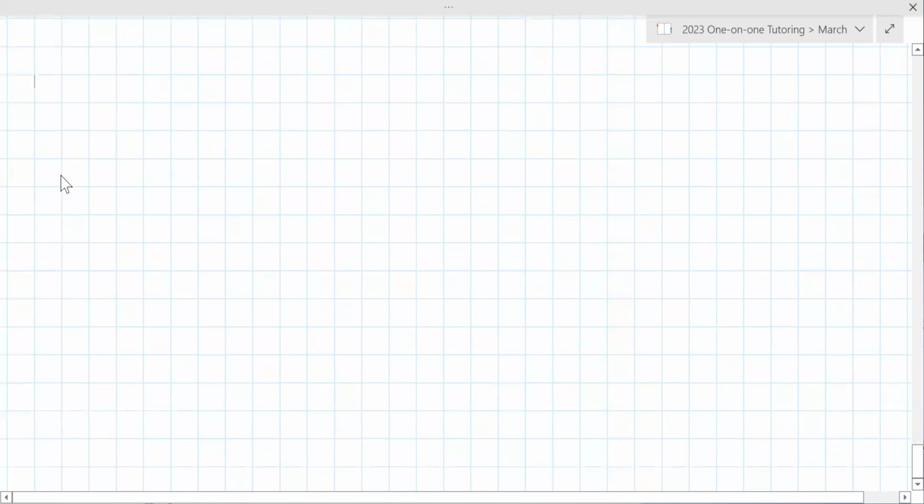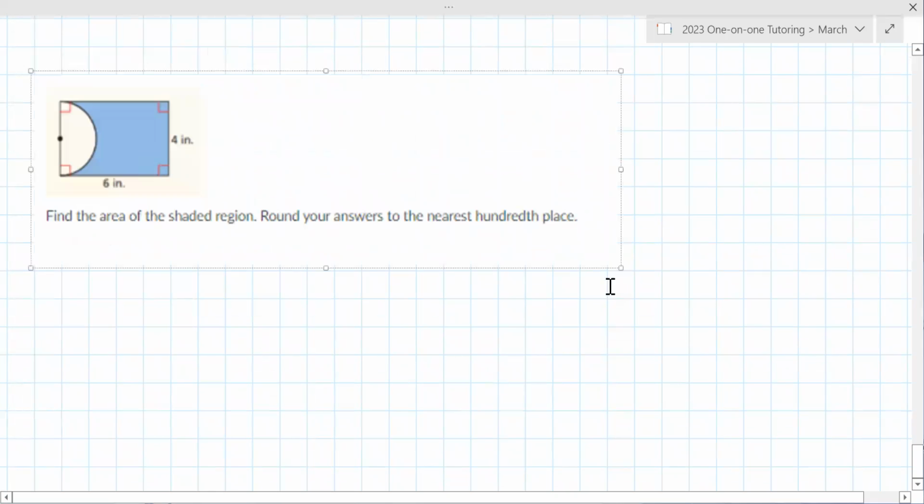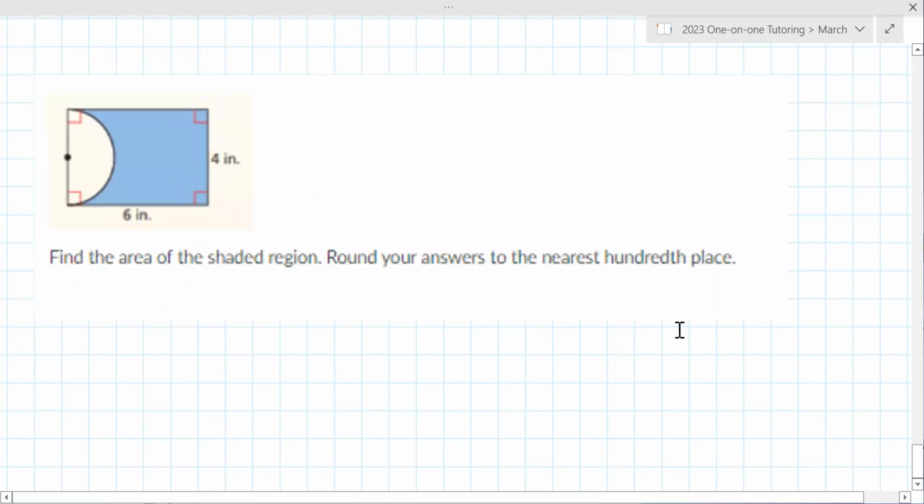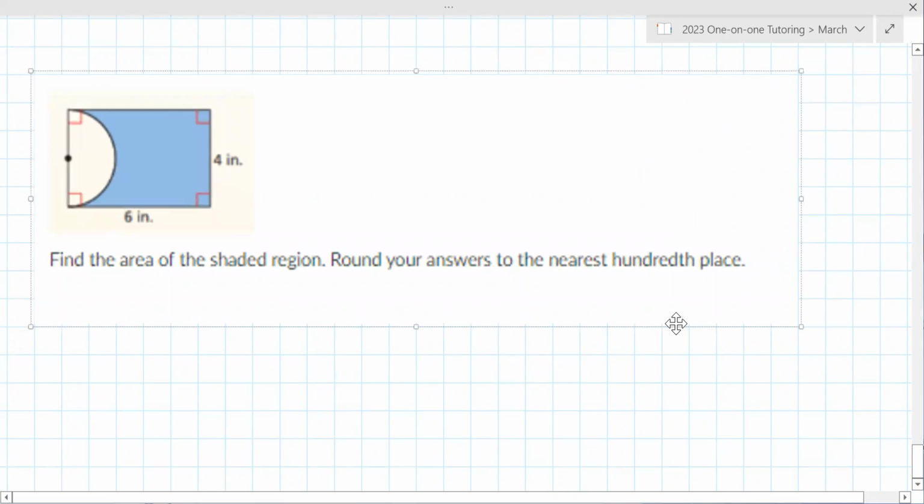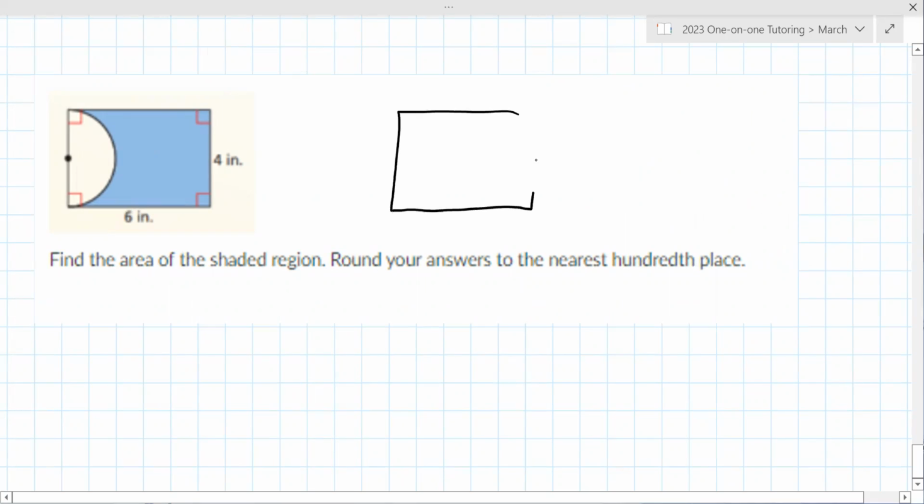All right, next question here. Is this correct? The next one you'd like to look at? Yes. All right. So when I look at this, I think you did that on one of your worksheets: you look at the big one, take away the half circle. So it's the area of the rectangle, which is 6 and 4, 24, minus the half circle.